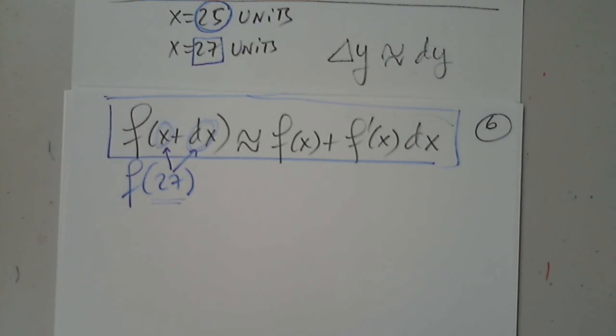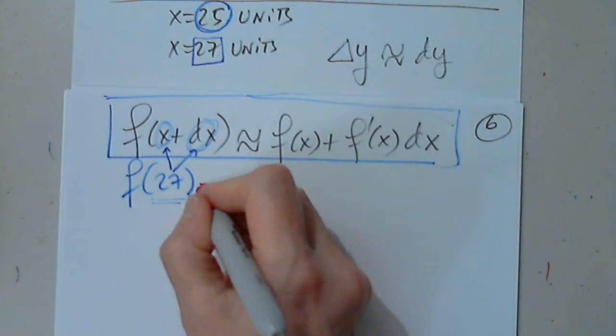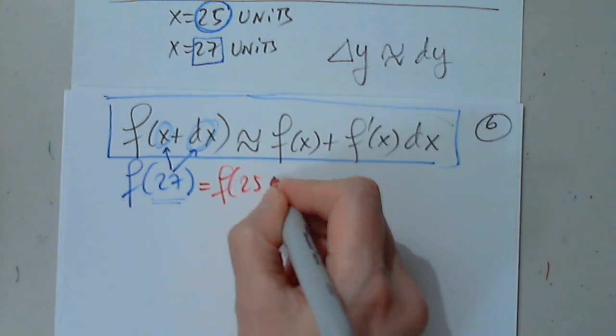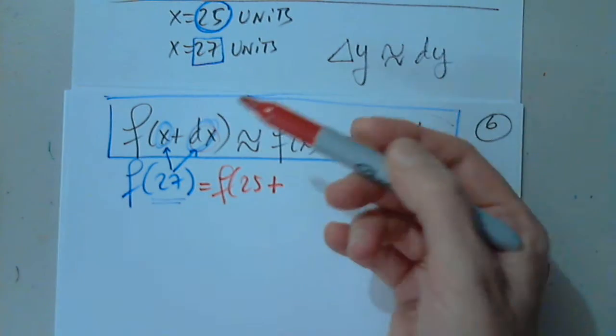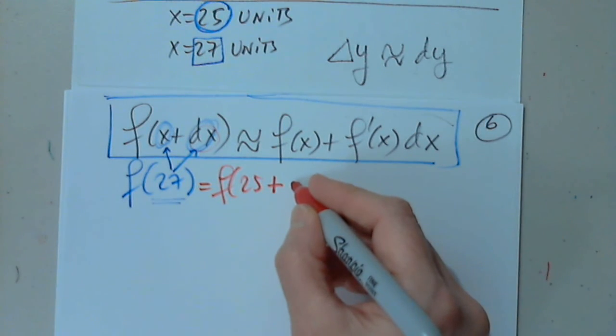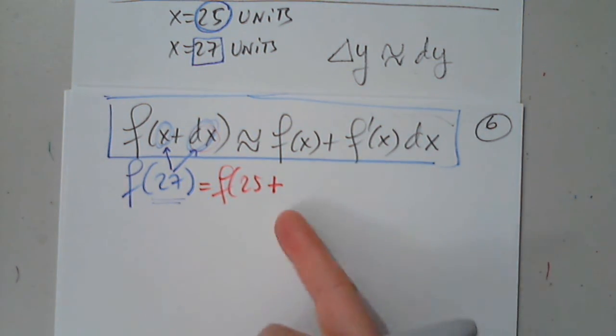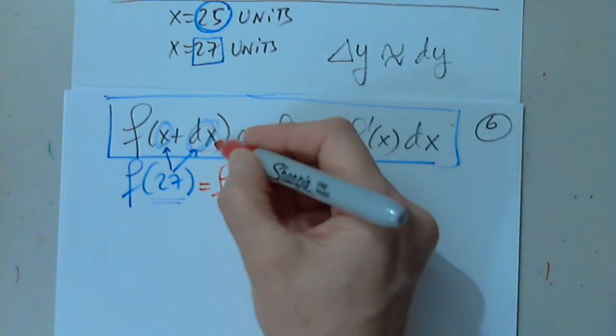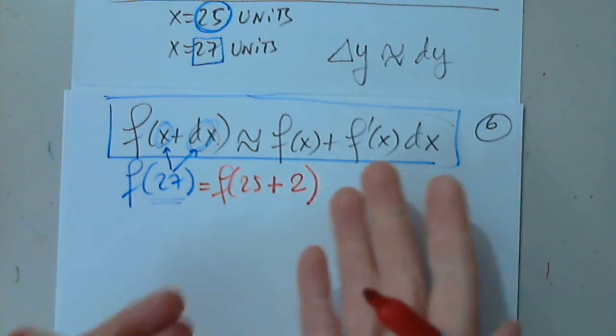What is x here? 25. X is 25. So then how much is dx? For these to be the same, what could dx be? 2. That's it. So good.